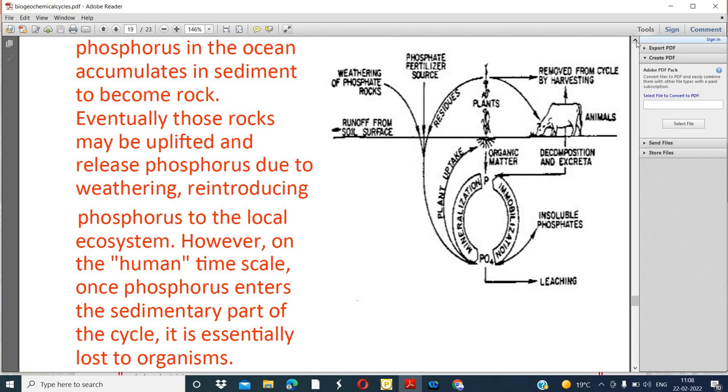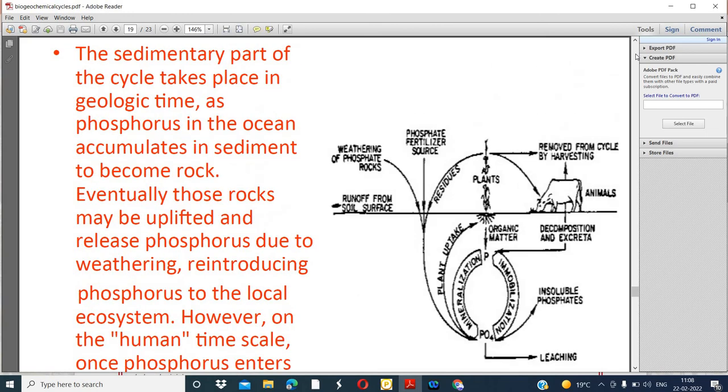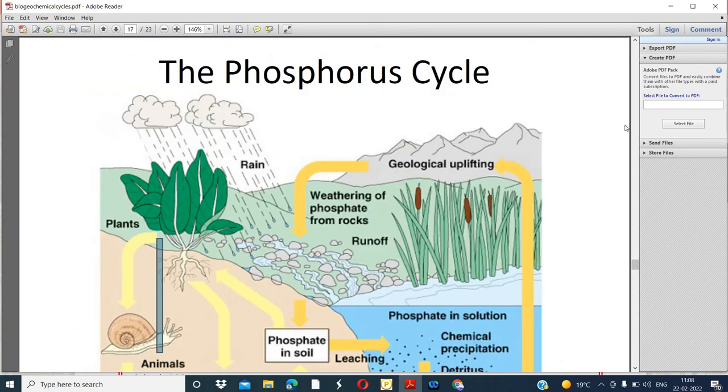So we should work in the way so that the minerals and any element can be recycled, because bacteria and microflora play an important role. We should take care of our environment so that the cycling is done in the proper way. Because we have already discussed the phosphorus cycle in the previous lectures also, so now it is sufficient.